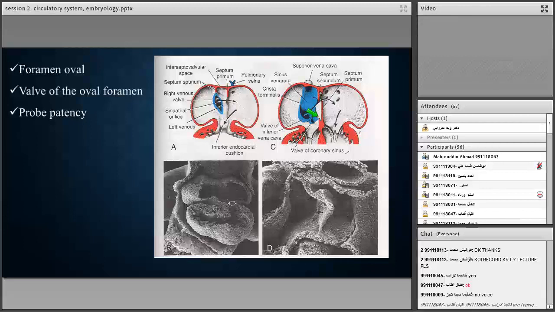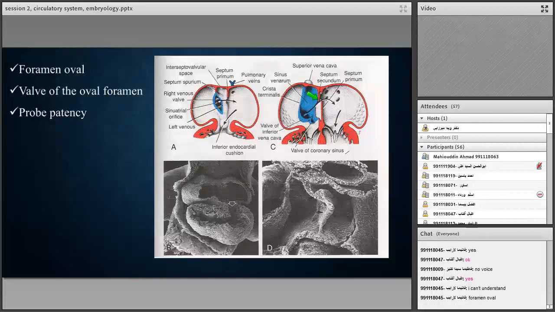Okay, clear? And when the upper part, why don't you understand? Look at here, you understood septum secundum, okay? This is the septum secundum. The left venous valve and septum spurium are also growing toward the septum secundum and attaching to its parts.